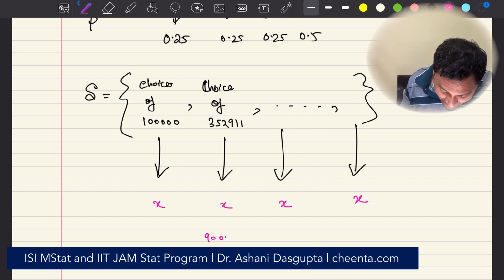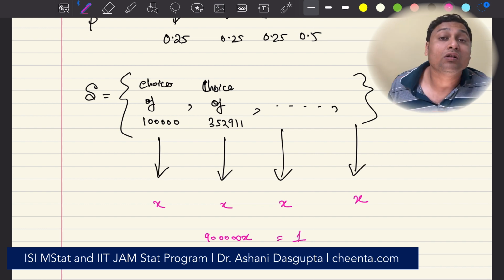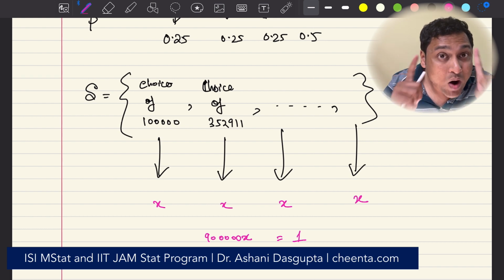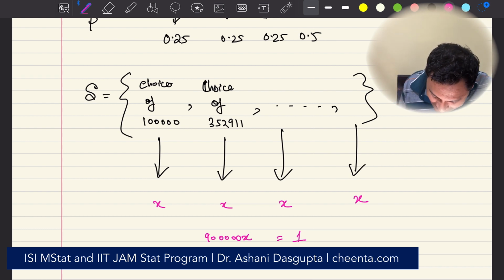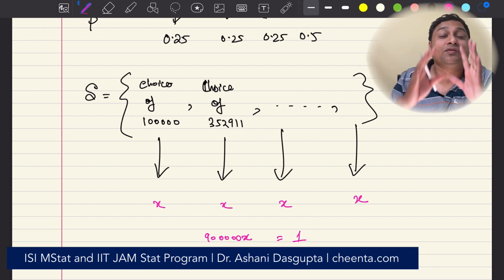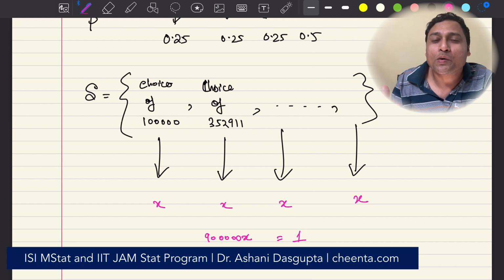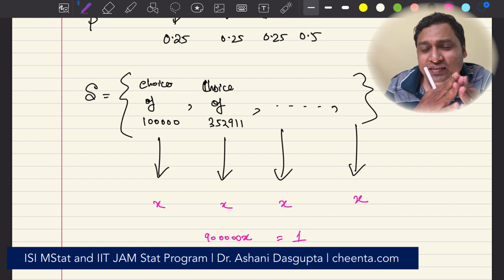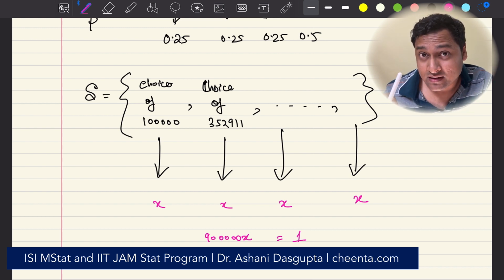So if you add them up, you will get 900,000 X. And we know that if we add all the output values, I should get 1, right? So X is 1 by 900,000. That's, colloquially speaking, the probability of each outcome. But I hope you understand at the conceptual level what's happening, right?